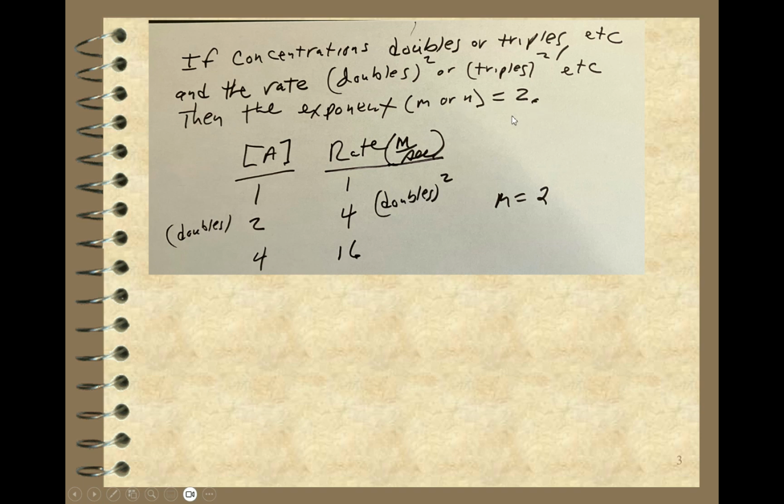In other words, whatever factor of increase here, the square of that factor, if you find that in the rate, m is equal to 2.